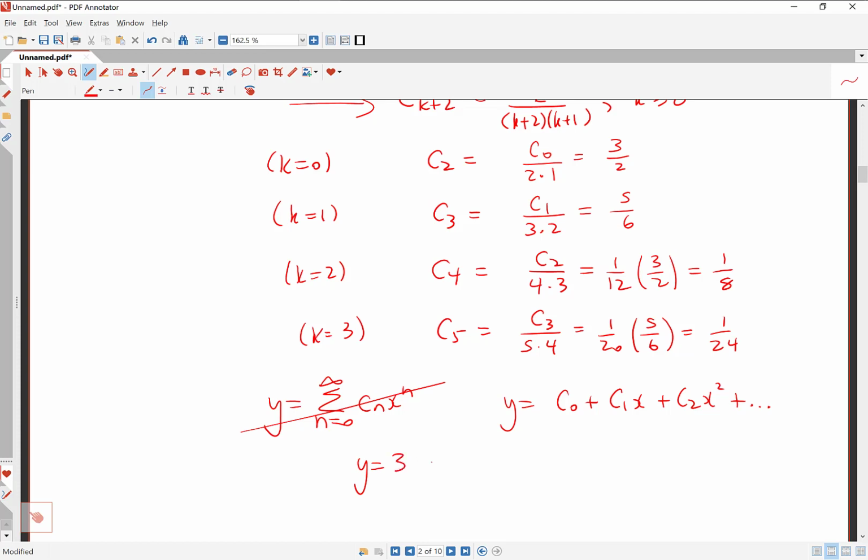Our first coefficient was 3, next one was 5, then we had 3/2, so that would give us a 3/2 x squared, and we're just going to continue like that using the appropriate coefficient with the appropriate power of x. So next we'd have 5/6 x cubed plus 1/8 x to the 4th plus 1 over 24 x to the 5. And there we go. We figured out our first 6 non-zero terms of a power series solution to that particular DE.